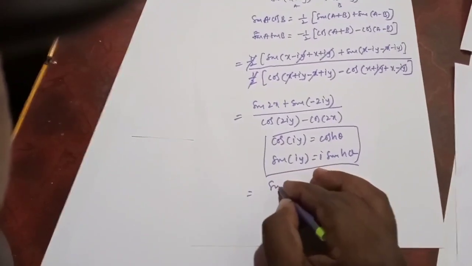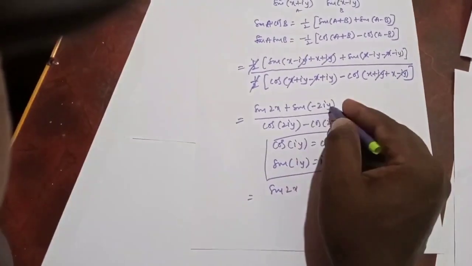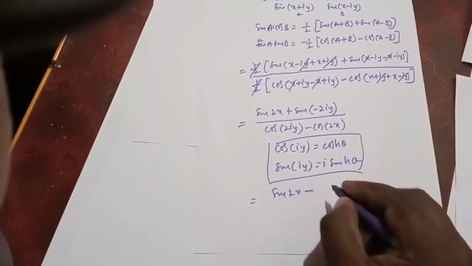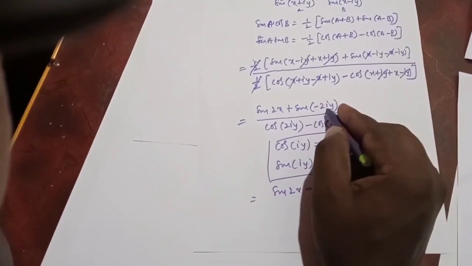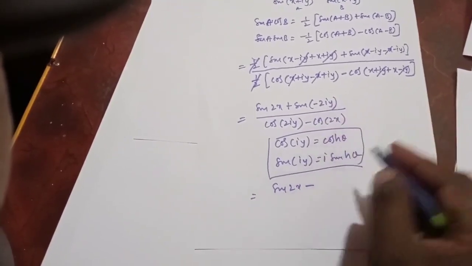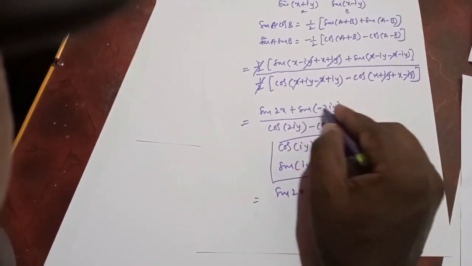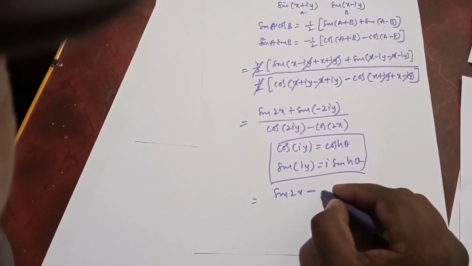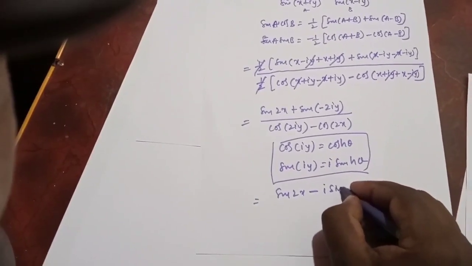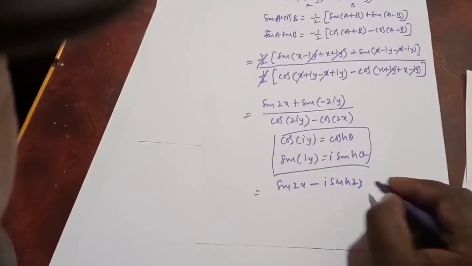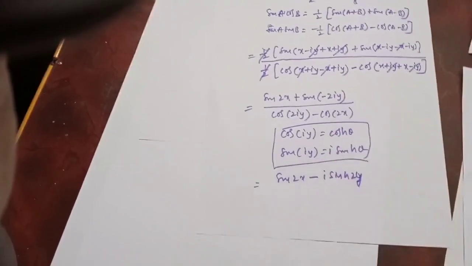here write sin 2x as it is. Sin of minus theta is minus sin theta. This sin 2iy can be written as, here sin iy can be written as i sin hyperbolic theta, so minus i sin hyperbolic 2y. Here theta is 2y.